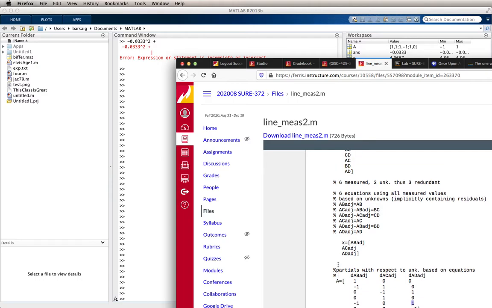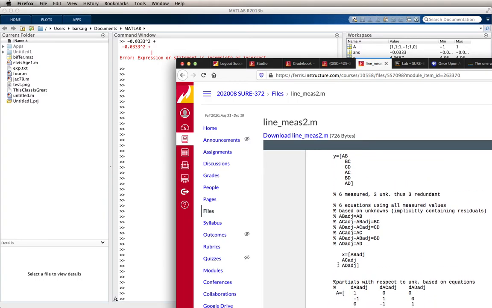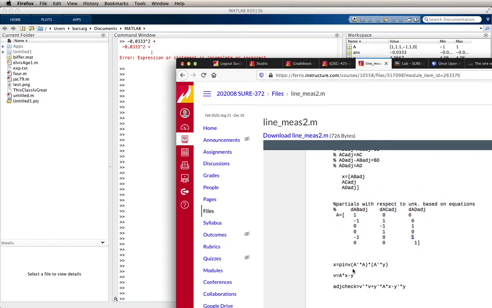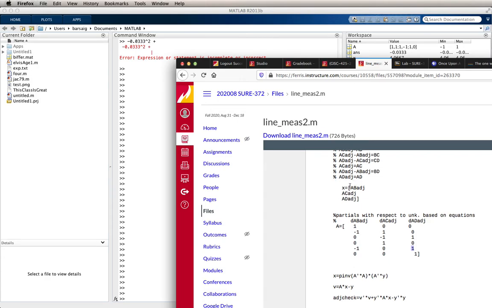Then calculate the adjusted values. The vector of the unknowns is going to be in the same order as this: A transpose A inverse A transpose Y. The pinv is the pseudo inverse command.